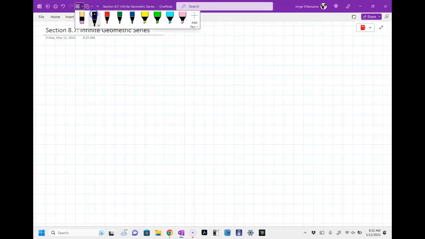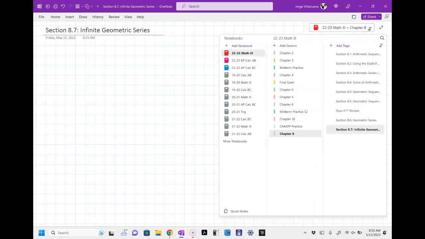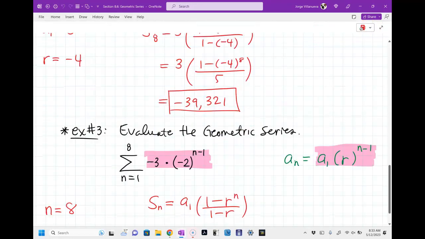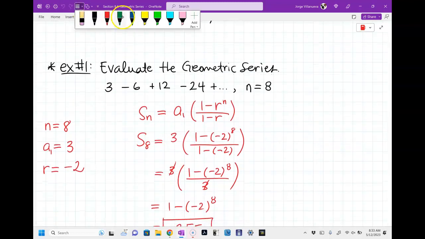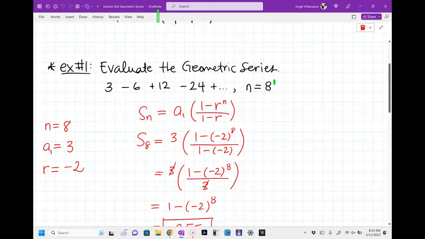Section 8.7 is about infinite geometric series. Yesterday we learned about geometric series in general that ended at specific points. If we go back to that lesson really quick, I can show you, in the very beginning, and I made a mention of this yesterday, that this tells us this is where we're stopping.